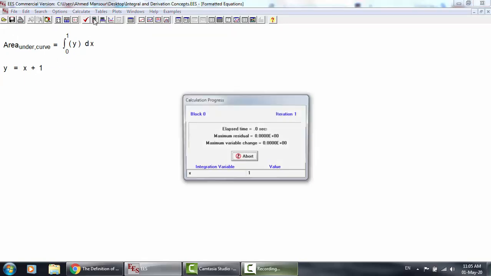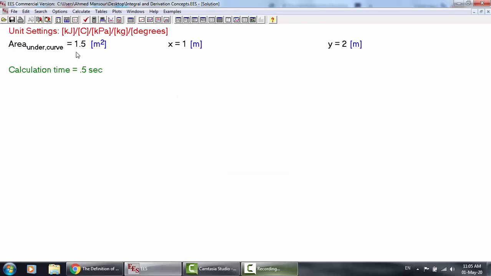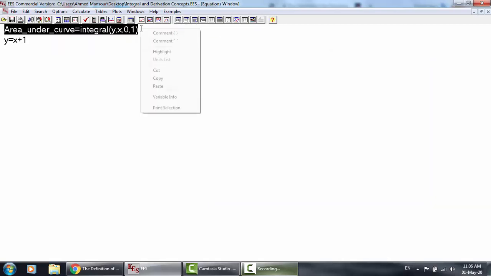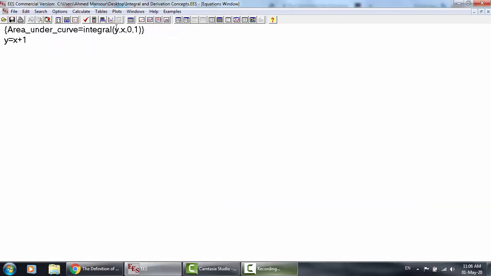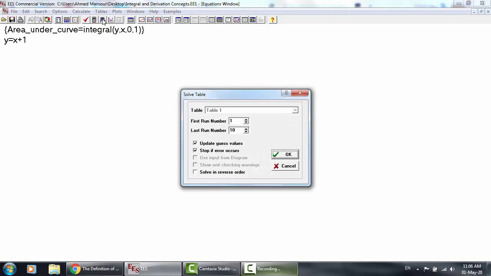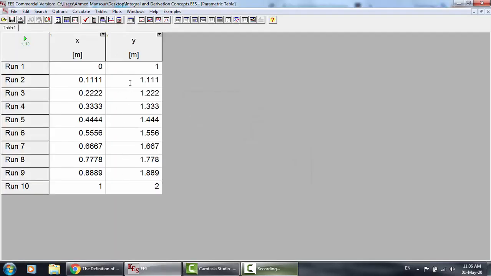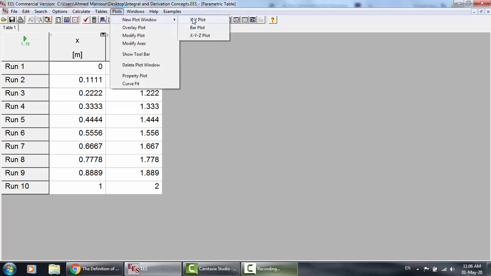Calculate it. The area is now 1.5. So we have 1 square meter plus half. If we do not have any idea about the integral, just solve the table again and we'll find this. Okay, make a new plot.